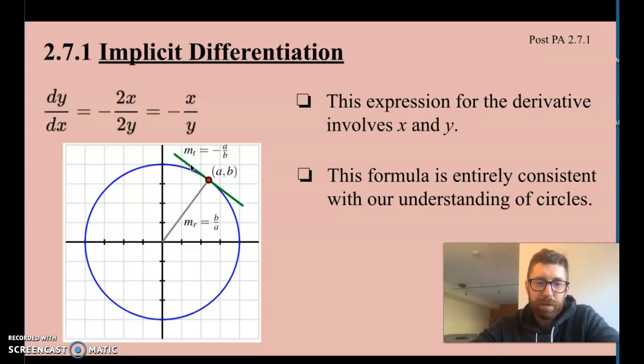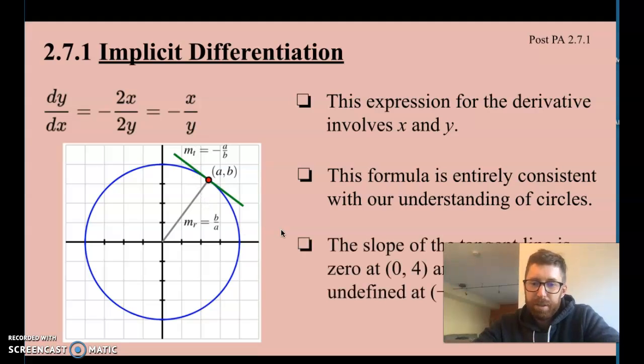And the slope of the green line that we just found is going to be the opposite of x over y, and x is a, y is b, so it's negative a over b. So they're opposite reciprocals of each other. And it just makes sense. They're opposite reciprocals of each other because the tangent line of a circle will always be perpendicular to a radius.